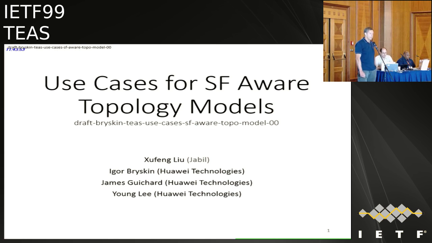But one thing they mentioned is that the TE models today do not include any knowledge of network functions, software functions. And with this, we actually agree. We started to think about this work some 6 months ago.